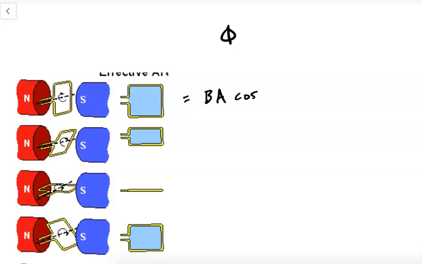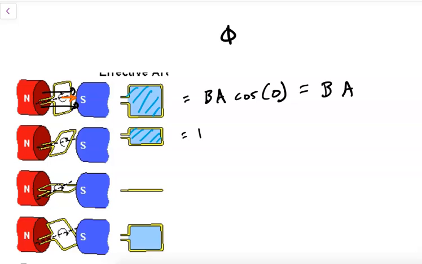If I were to draw field lines going like this, and our perpendicular to the plane is right here, that is an angle of 0. And an angle of 0 gives you your maximum magnetic flux, as shown by the effective area. And then as it turns, you can see there's less area that the magnetic field lines are passing through.